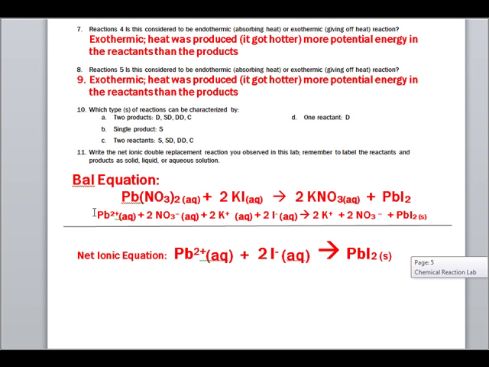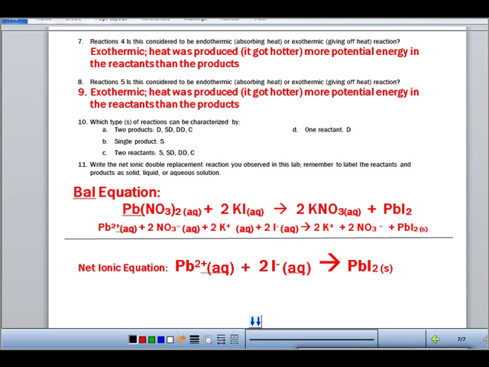The total ionic equation is here, where you write it all out, okay? So you got the lead 2 ion in aqueous solution, the 2 nitrate ions in aqueous solution, the 2 potassium ions in aqueous solution, and the 2 iodide ions in aqueous solution. On the product side, you still have the 2 potassium ions and the 2 nitrate ions, but the lead 2 ions and the 2 iodide ions bonded together, and the water does not displace them.